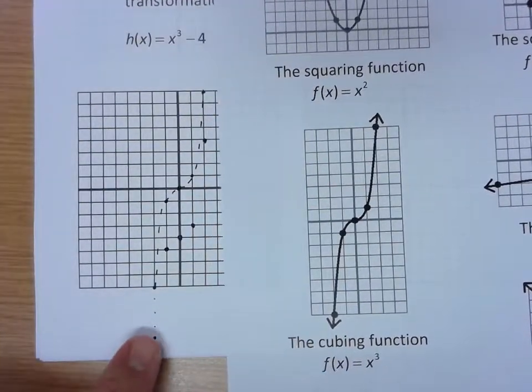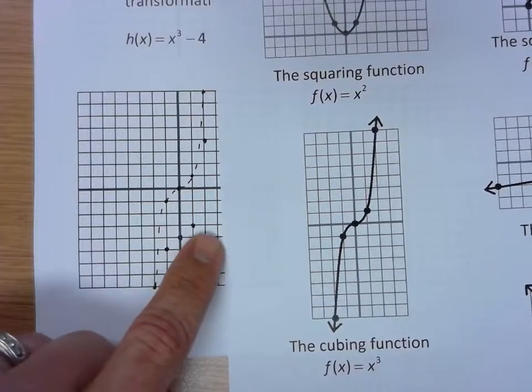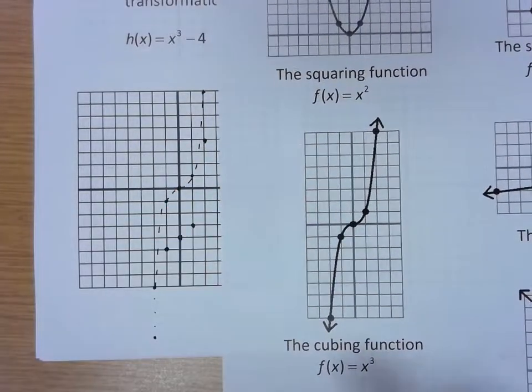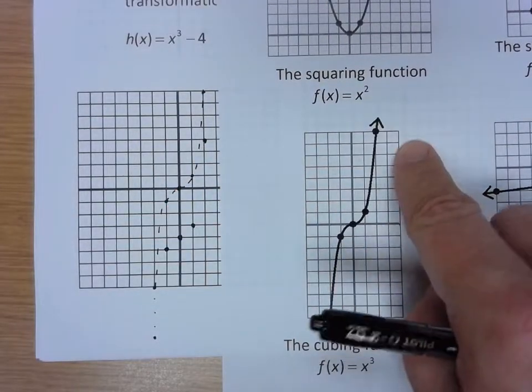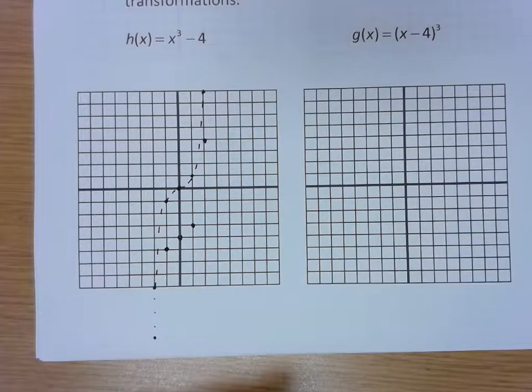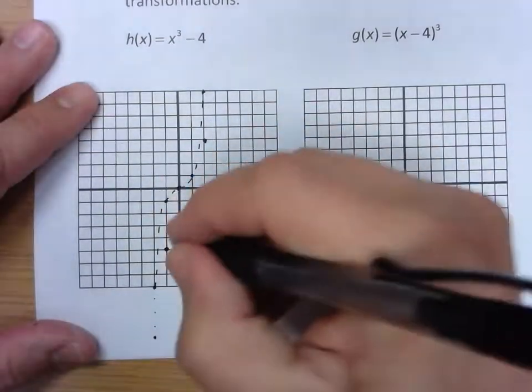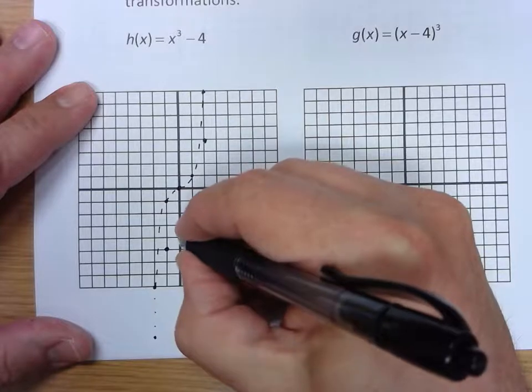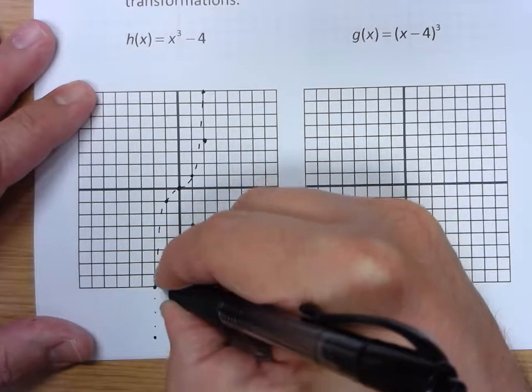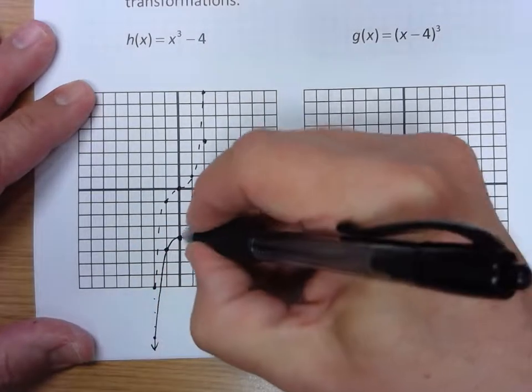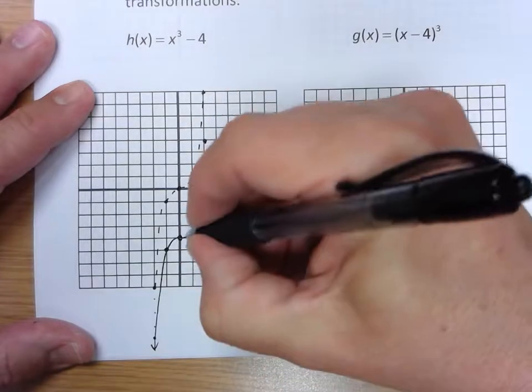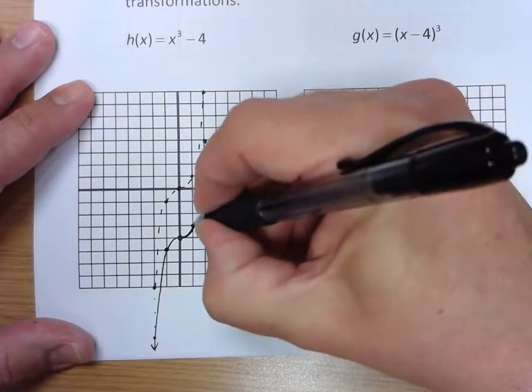See, from here to there in the middle, and then to this, produces the same kind of points you see right there. It's just been transformed based on the fact that you're moving it down 4 units. So the official graph should look something like this whenever you connect the transformed points.